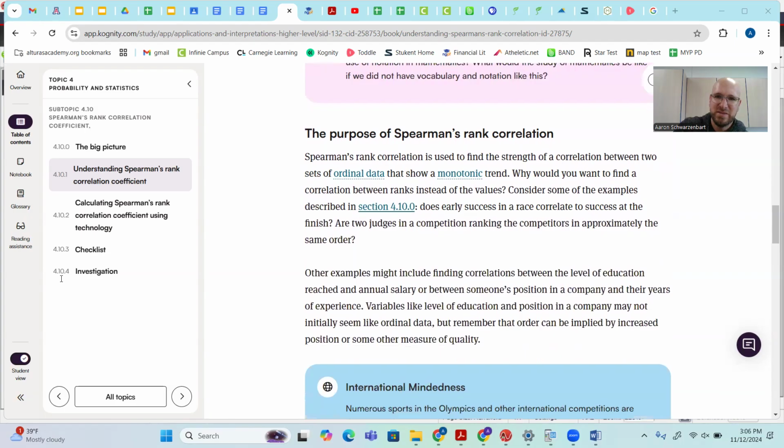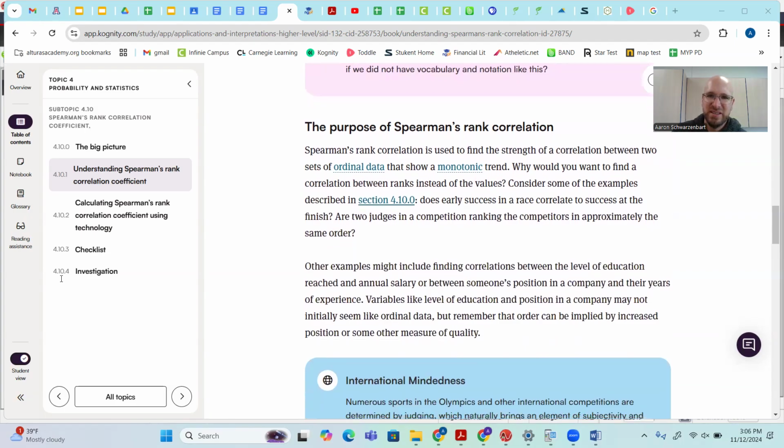So the purpose of Spearman's rank correlation, it's used to find the strength of correlation between two sets of ordinal data that show a monotonic trend. Monotonic means it's going one direction. Okay? It's either going up as I go across the graph, or it's going down.